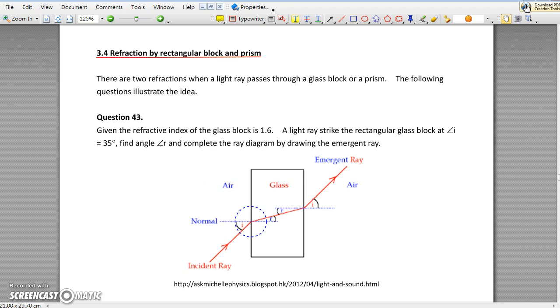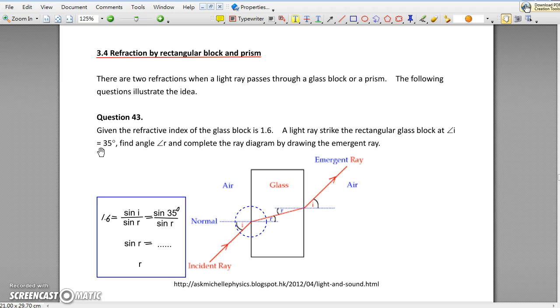For the first refraction, the glass block has a refractive index of 1.6 here, and it has an angle of incidence of 35 degrees. So we may do the calculation like this, which is 1.6 equals sin i over sin r. i, in this case, is 35 degrees, and r we are going to find.